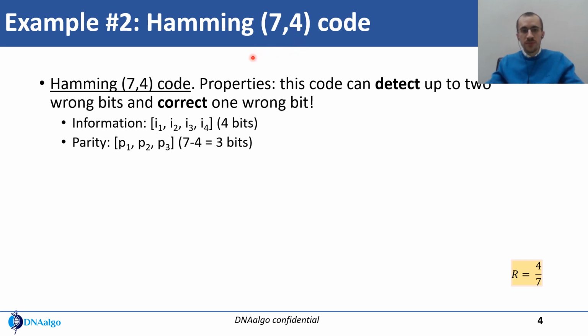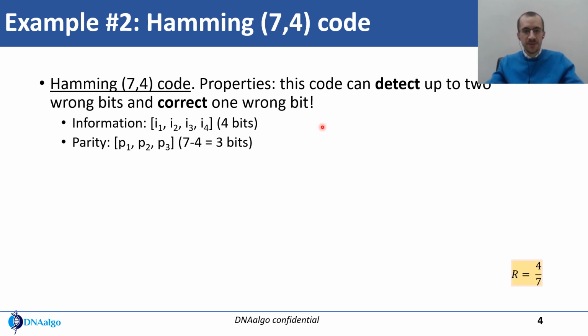The nice property of this code is that we can detect up to 2 wrong bits and also correct 1 wrong bit. So let's see what happens in the case we have already seen where the fourth bit has flipped.